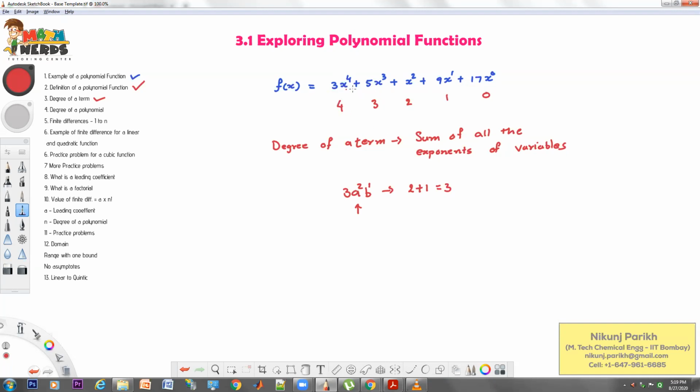The highest degree in this polynomial is 4. So this 4 is called the degree of the polynomial. So degree of a polynomial is the highest degree in the polynomial. In this particular case, it is 4.